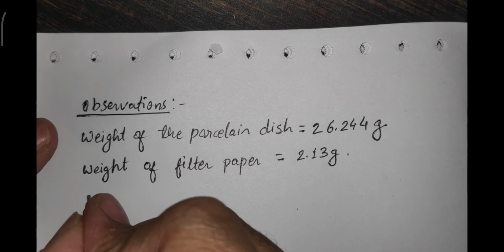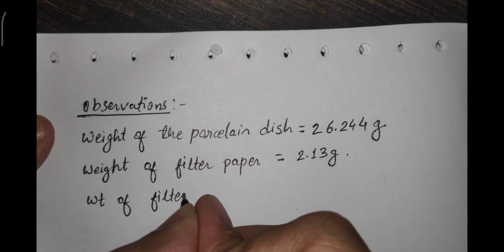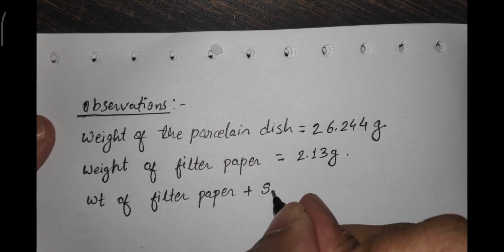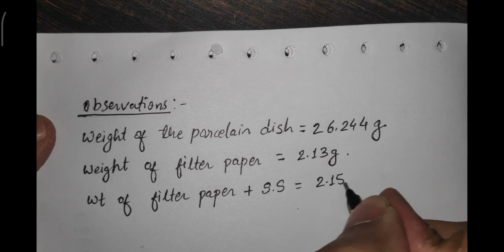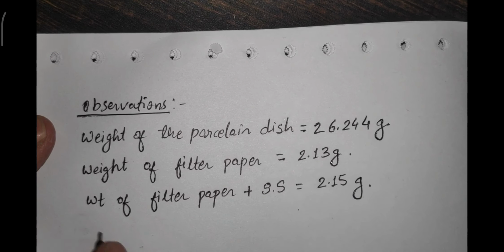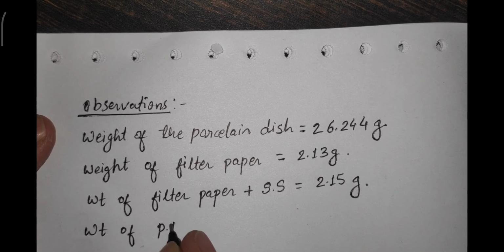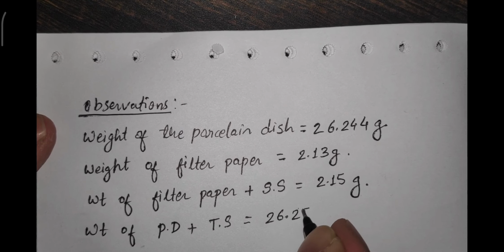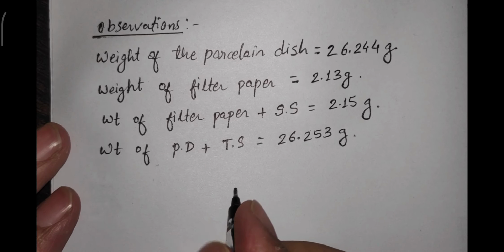Next is the weight of filter paper plus suspended solids, which is equal to 2.15 g. And last is the weight of porcelain dish plus total solids, which is equal to 26.253 g. Okay, so these are the observations.